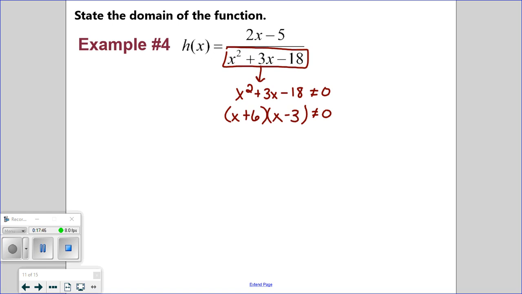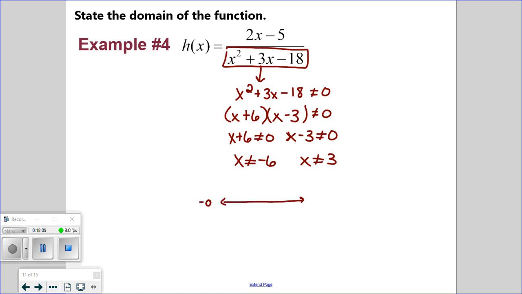Make sure you get to that next step of actually solving. Common mistake is people just take the numbers that are in the parentheses. You actually have to set it equal to 0 to solve. So I get 2 answers. X cannot equal negative 6. X cannot equal positive 3.